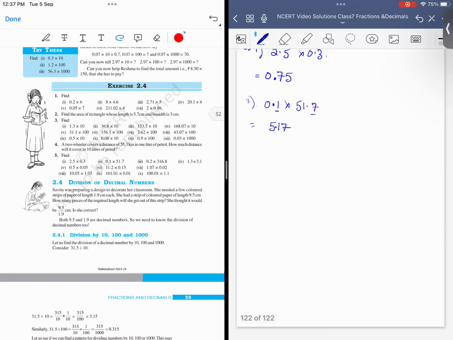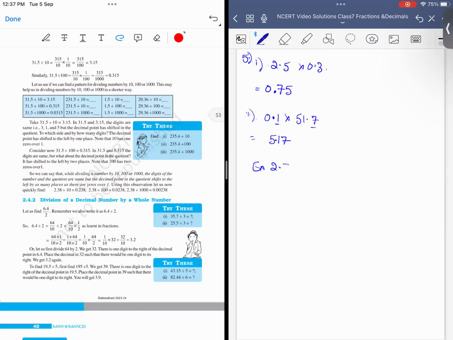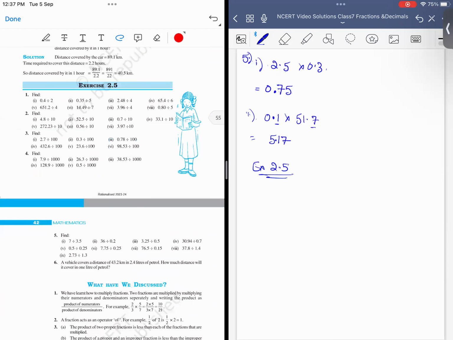Now coming to exercise 2.5. Question 1 is division of decimal numbers by a whole number. So 0.4 divided by 2. We divide in the same manner.